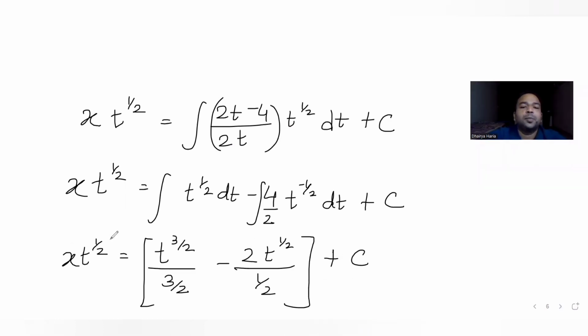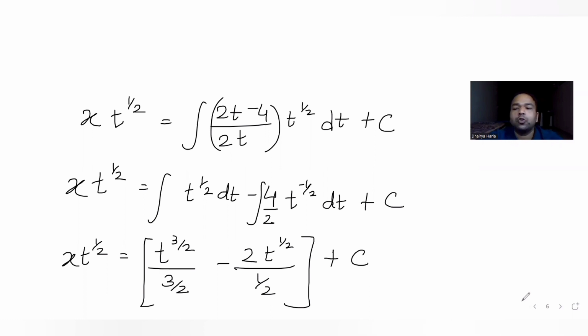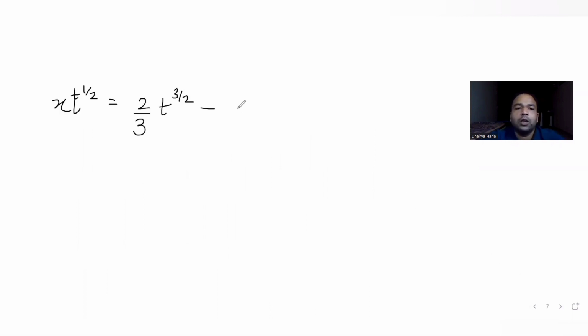So if we try to simplify this expression, let's see what I get. So I get x t raised to half is equal to 2 by 3 t raised to 3 by 2 minus, you have 2 and 2, so 2 into 2 becomes 4 t raised to half, plus c.